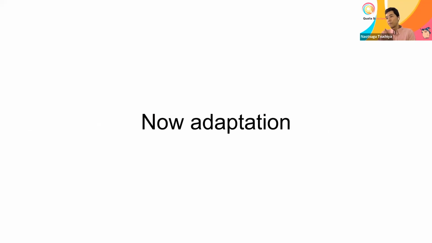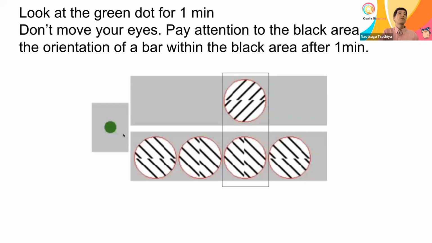However, if you do the following adaptation experiment, a weird thing happens. So let's see what happens. Look at the green dot here, okay? And don't move your eyes for 1 minute. I'm going to start counting here. Don't move your eyes and pay attention to the black area. Pay attention, okay? But without moving your eyes.